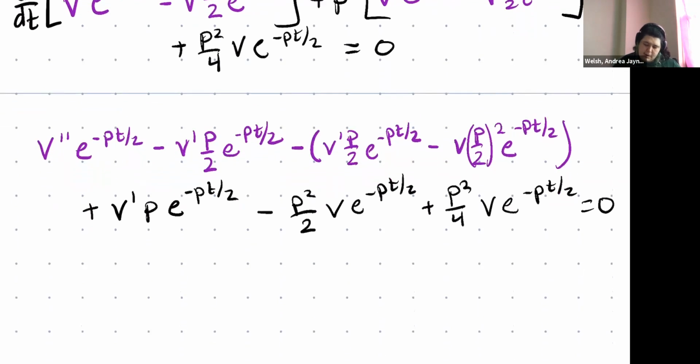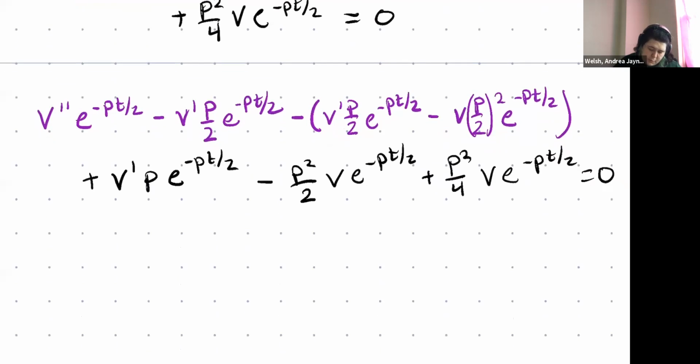All right, let's continue collecting those terms. So this is our only v double prime. So it's safe to say I can just leave that as is, as my top term right here.